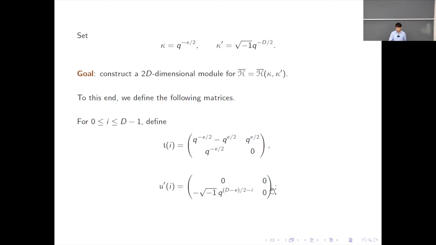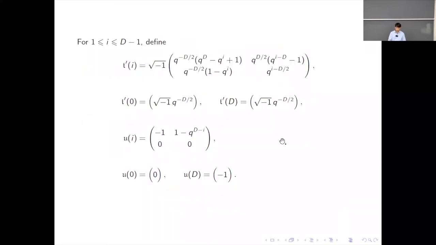Ui prime is 2 by 2, all 0 entries but this entry. T prime i is a 2 by 2 matrix, and T prime 0 and T prime D are 1 by 1. Also Ui is 2 by 2 with non-zero entries here and here, and row 2 is all 0. U0 is a 1 by 1 zero matrix, and UD is just negative 1.